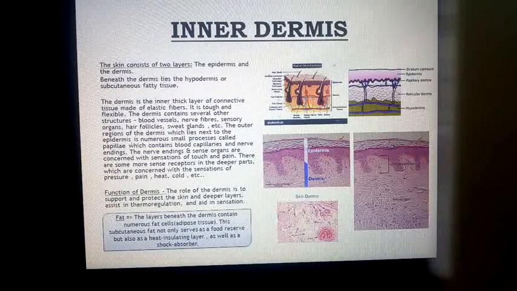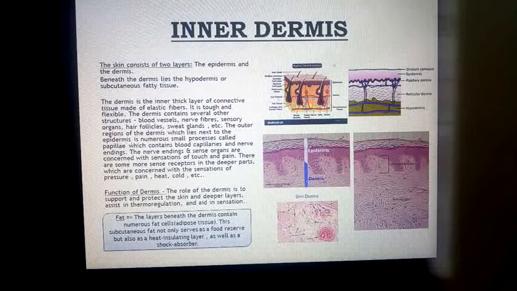And so many glands are here. So all the derivatives, where do you find? We find them in the dermis area. And leather, which we get, no children, that we get from the hides, is actually from the dermis part of the animal's body.